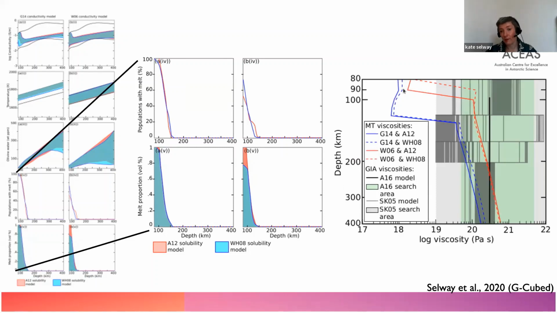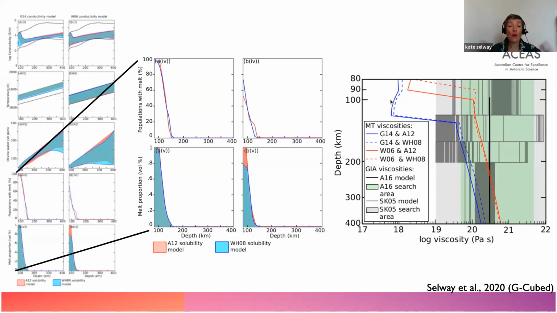From those, we've produced these two possible models of mantle viscosity, and the two models come from using different experimental constraints. You can see they agree quite well with the older estimates from the sea level data at greater depths, but none of those previous models included this very low viscosity layer just beneath the plate.